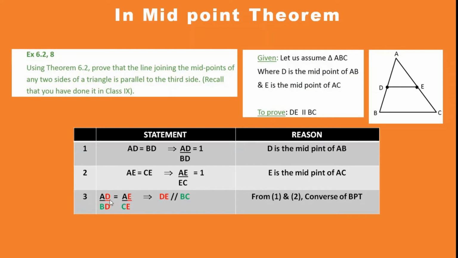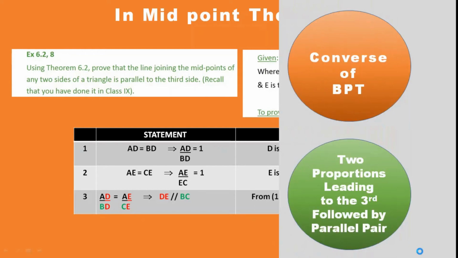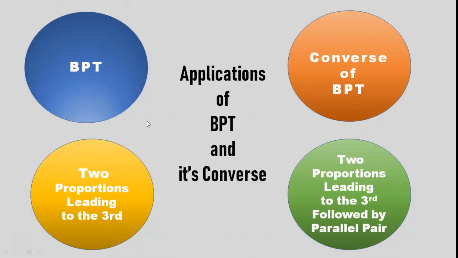So it becomes DE parallel to BC. B and C are the two alphabets which are non-common in the entire proportion. Hence proved.